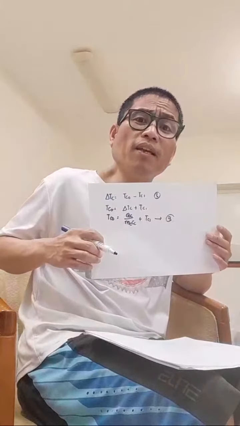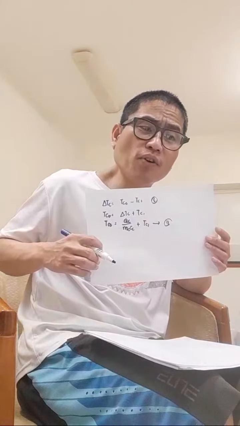QC is not quality control. This is cool water, which we represent with C. So QC over MC times CC, plus TCI. This is equation number 7. In your equation number 7, bingo, you can solve the value of your TCO.